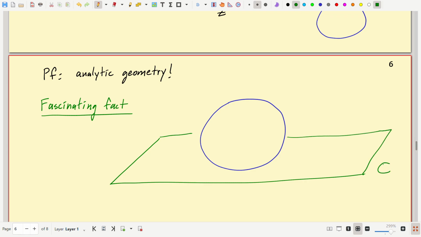So this is the complex plane. My Riemann sphere, I like to put the south pole at the origin. And then the point at infinity corresponds to the North Pole here.